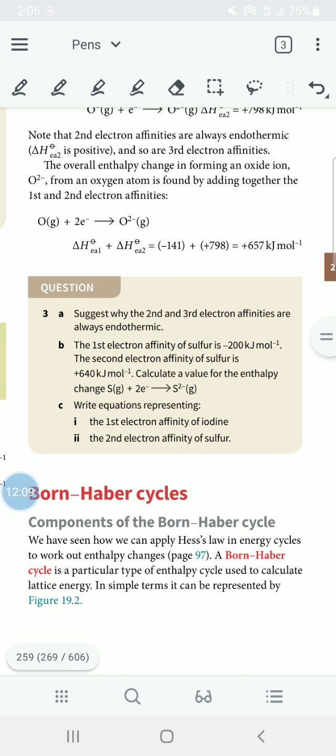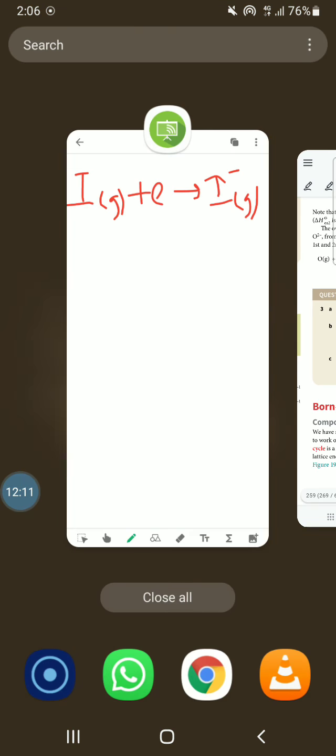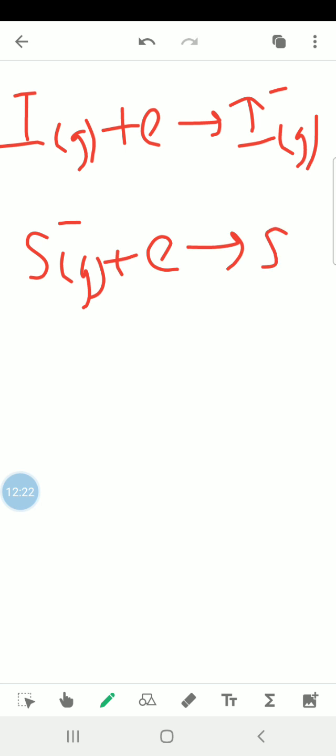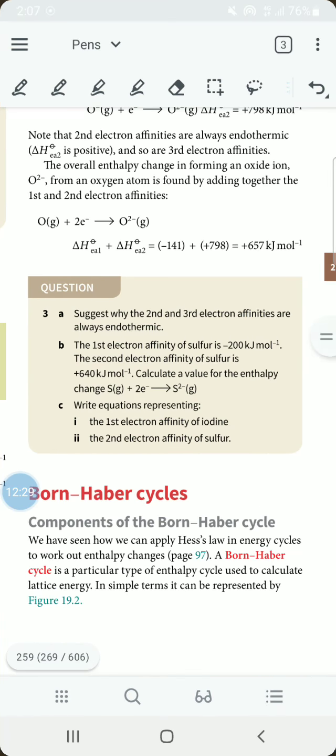Then the second electron affinity of sulfur. Now we have to be very careful. We are starting with not sulfur gas, but with S− gas, plus an electron, giving S2− gas. I hope you understood that part.